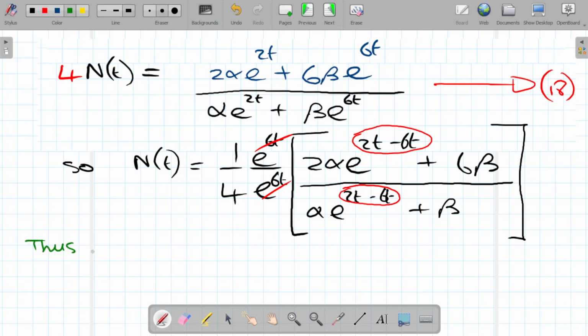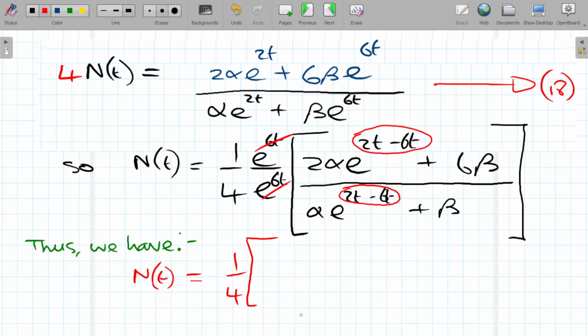Thus, and I'll write this in red for you, n of t equals 1/4 times, in brackets, 2 alpha e to the minus 4t plus 6 beta. Oh, we could take out a 2 as well, couldn't we?